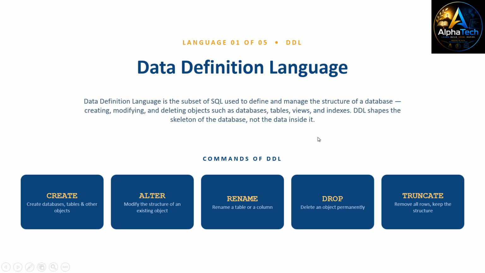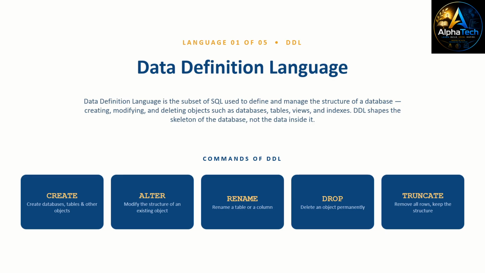Our next slide is data definition language. The name itself says it's a definition language, which means it defines and manages the structure of the database. It helps us in creating, modifying, and deleting objects in our database, such as tables, views, and indexes.